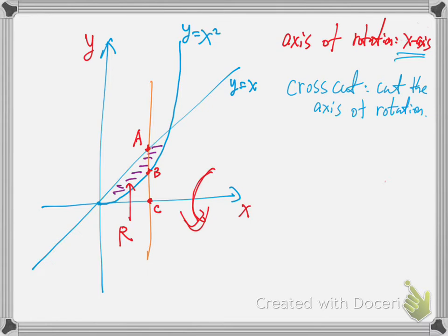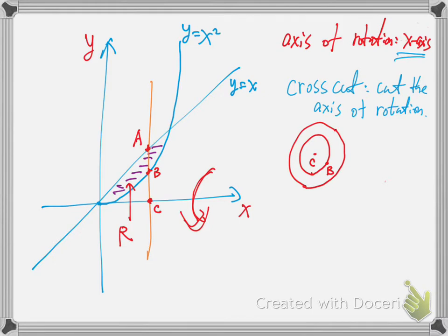Instead of imagining the whole region R rotating, we imagine the interval between A and B is rotating. When you rotate A and B, the center of the rotation will be C. Let's draw a two-dimensional picture. Here is C, and B goes around C in a smaller circle, and A goes around C in a larger circle.